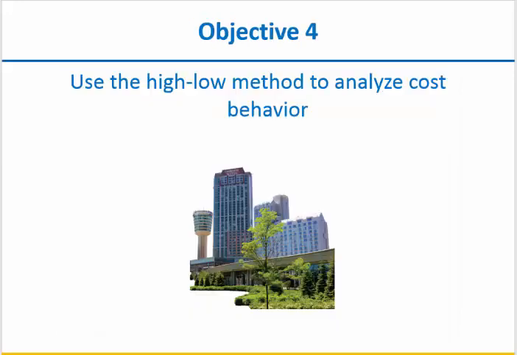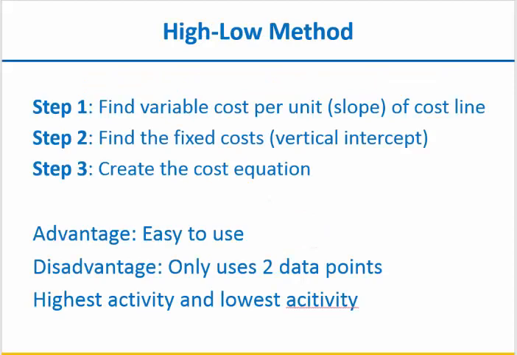Now let's take a look at one of the quantitative methods I mentioned, the high-low method. What is the high-low method? It's pretty simple from certain perspectives. Basically we can take a look at 3 steps. In order to apply the high-low method, we first find the variable cost per unit, which is the slope of the cost line.